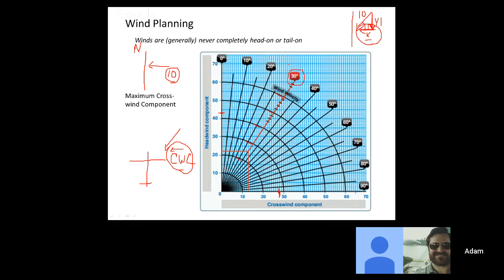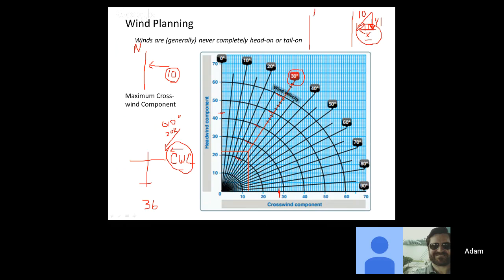So quick example, I've got runway 36, which is straight north, and I've got a wind at 010 degrees at 20 knots. Let me draw this out again. Here's my runway.